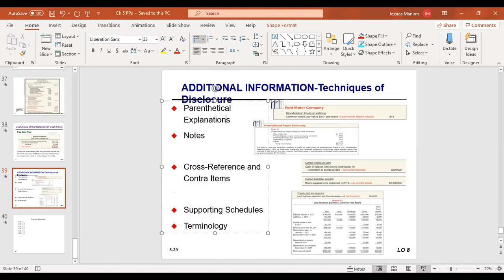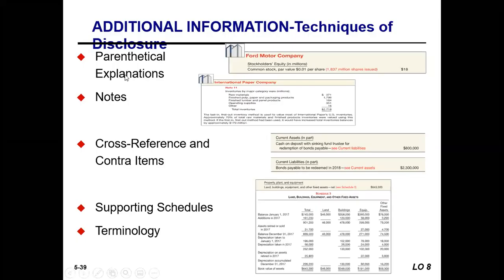So, some ways that we are able to disclose information, and we saw some examples through the PowerPoints, and then hopefully you guys have read this chapter, and so you've seen examples in the chapter. But parenthetical explanations, those are explanations in parentheses. So we see here in parentheses 1,837 million shares issued, right? That's parenthetical explanations.